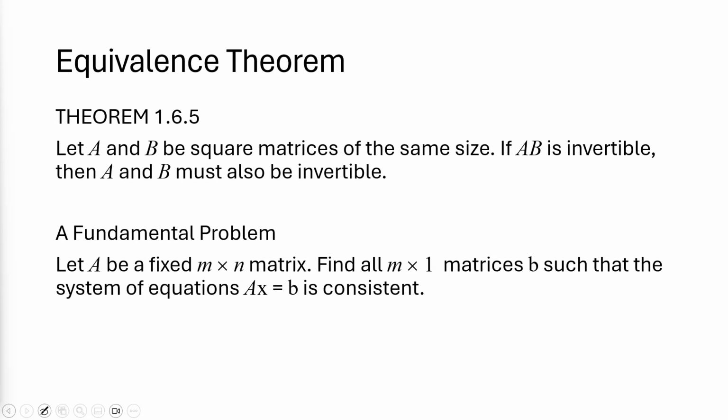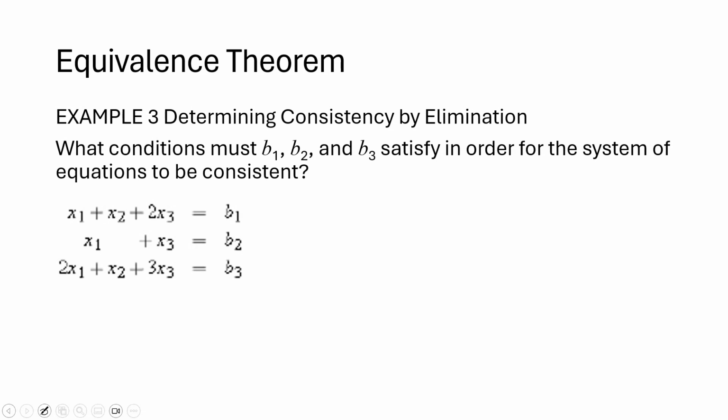So that's what we have to bear in mind. Okay, so let's have an example: determining consistency by elimination. What conditions must B sub 1, B sub 2, and B sub 3 satisfy in order for the system of equations to be consistent? The system is written below.